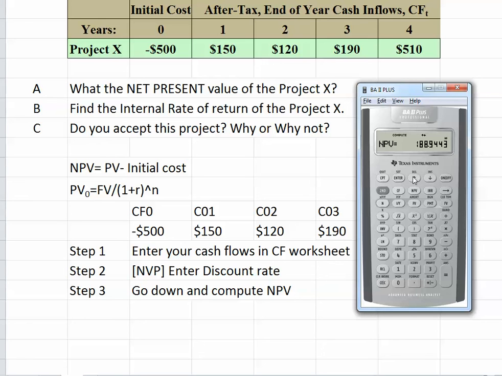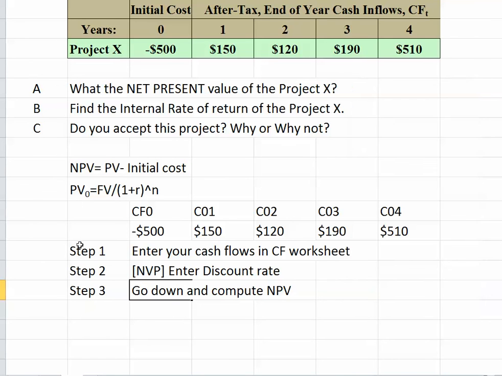Here basically we were here. So you enter that interest rate and then go down and compute. Okay, so we got our NPV here, right? So this is about how to find NPV.